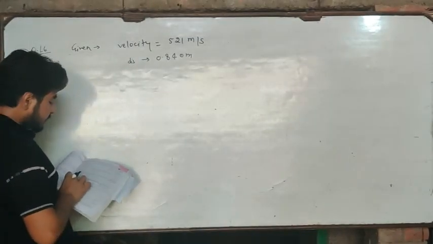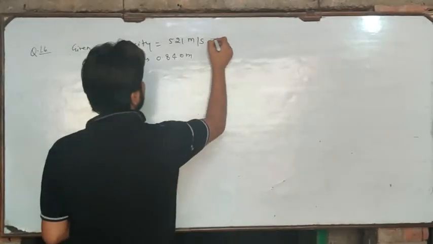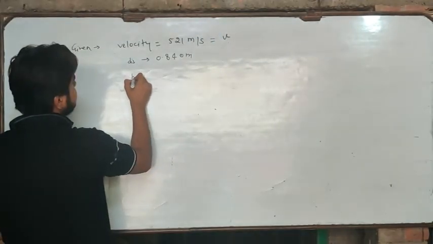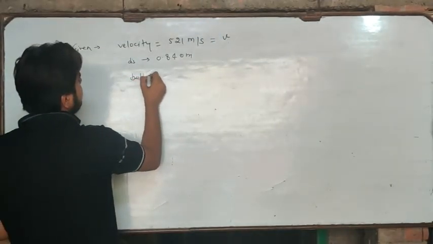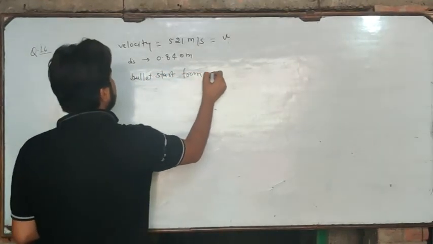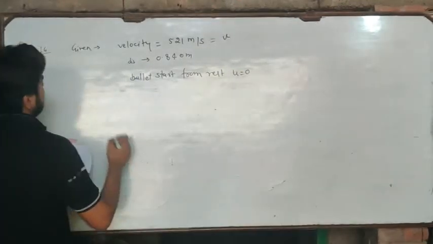The bullet leaves the rifle with a muzzle speed of 521 meter per second. This is the final velocity V. And the bullet starts from rest, which means U is equal to 0.